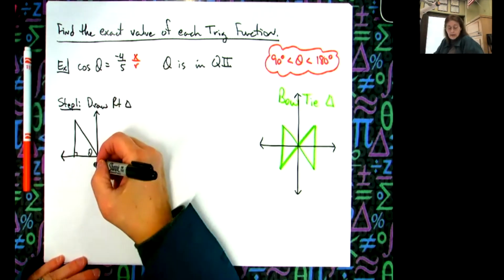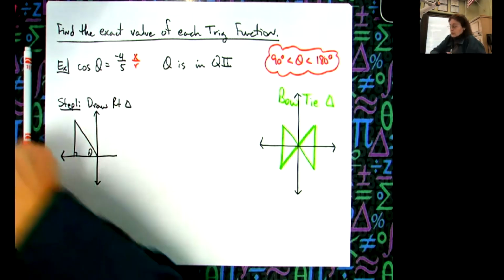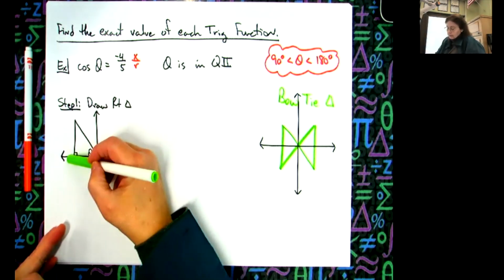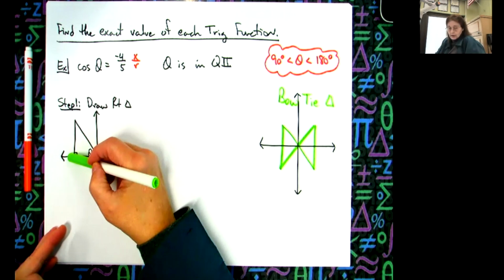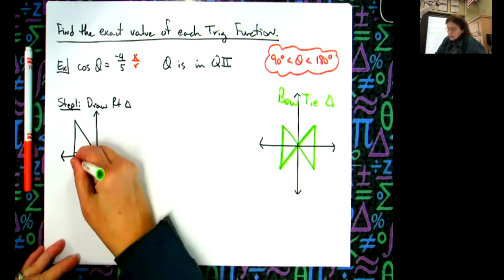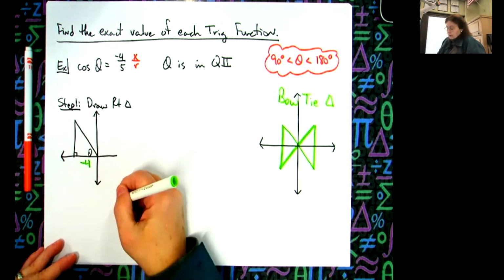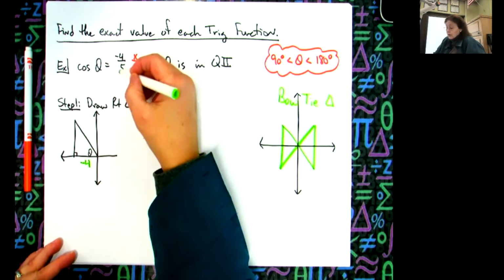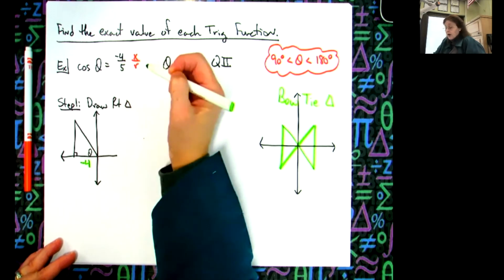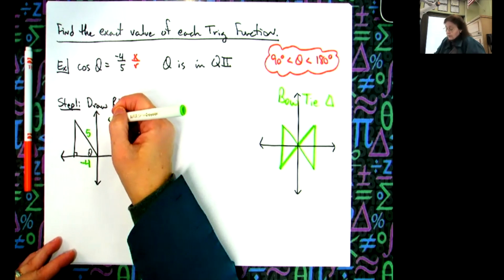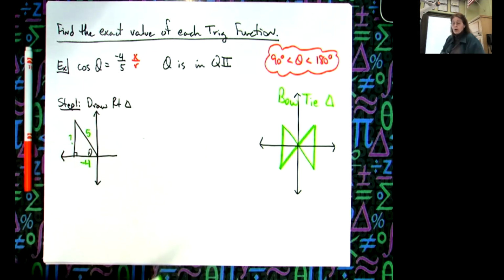So my x value, does it make sense that -4, if I started here and went to the left, would be my x value if I'm trying to plot this point? So my -4 goes here. The definition of cosine was x over r, which tells me that the 5 has to be my radius. So the 5 goes here, and this is the value I don't know.